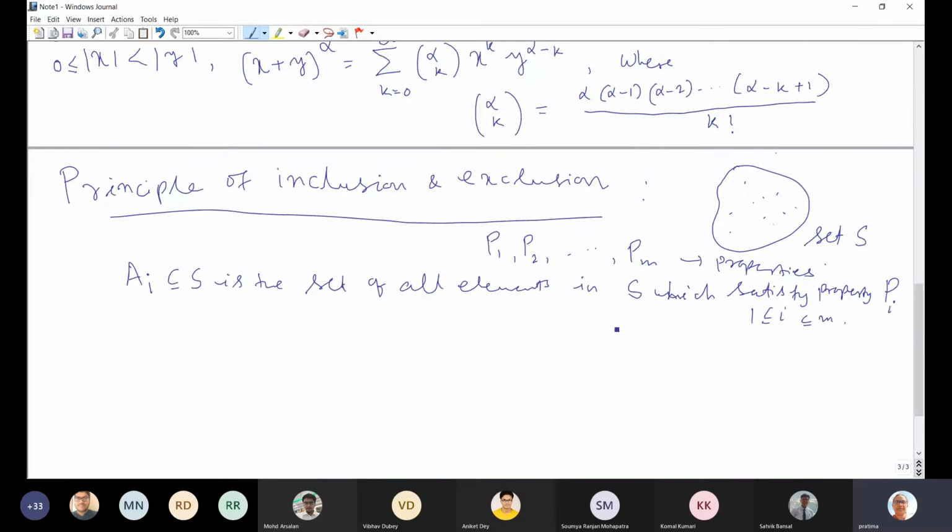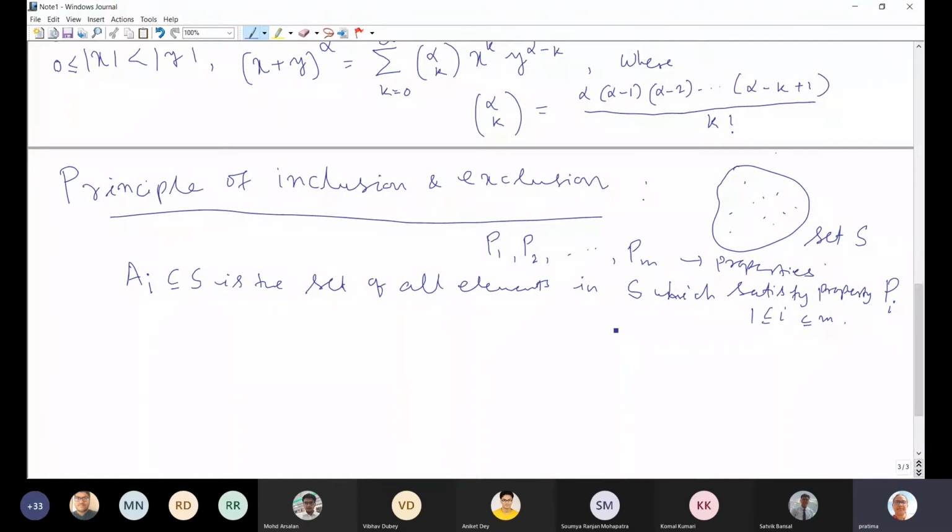So this Ai may be an empty set also, if none of the elements in S satisfy property Pi. See, in your class, you take all the students as set S. Set S is the set of all you students. And I am having some properties.